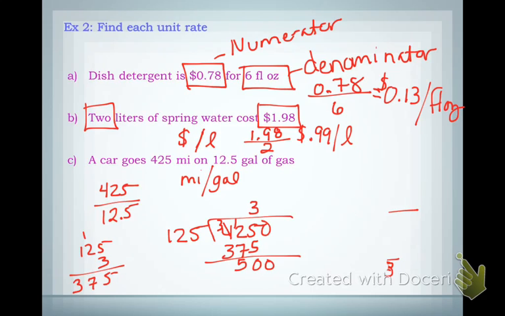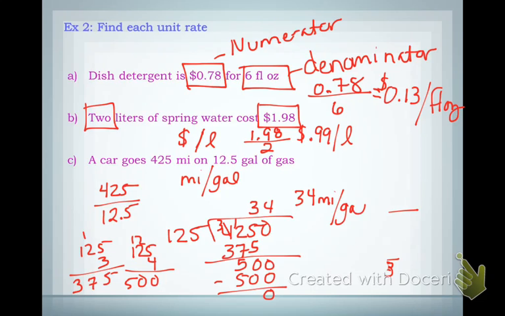How many times does 125 go into 500? Well, if I did times 5, that would be way over 500. So I'm going to try times 4. So 125 times 4 is 500. So it's going to be 34 miles per gallon.